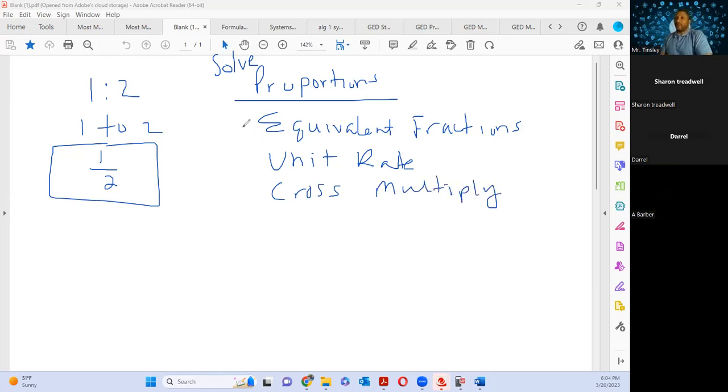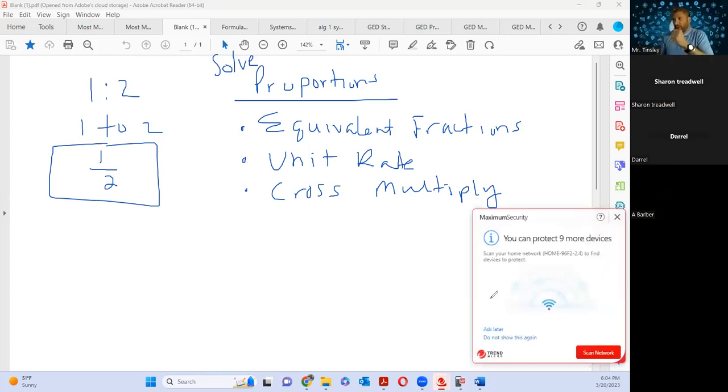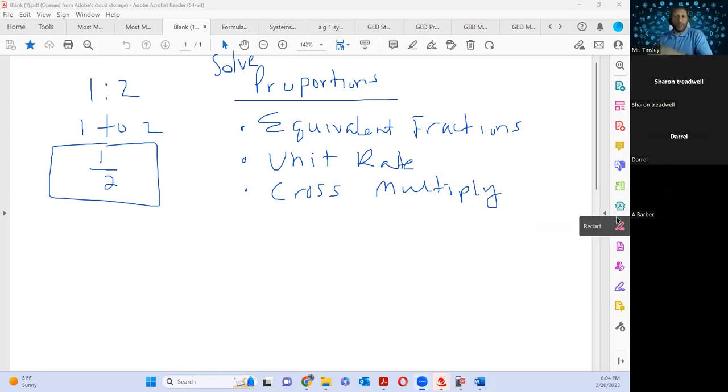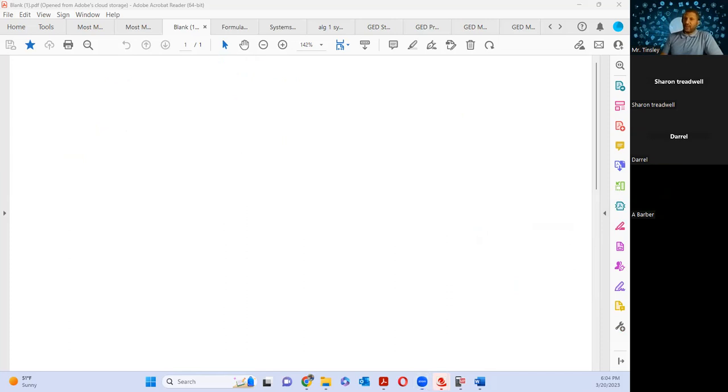So first of all, if you know what a ratio is, you know what a proportion is. A proportion is two ratios set equal to each other. And if you are familiar with the three ways to solve a proportion, it doesn't matter what they give you, you can solve. So let's look at an example, and I'm going to use one from the study guide, of course.